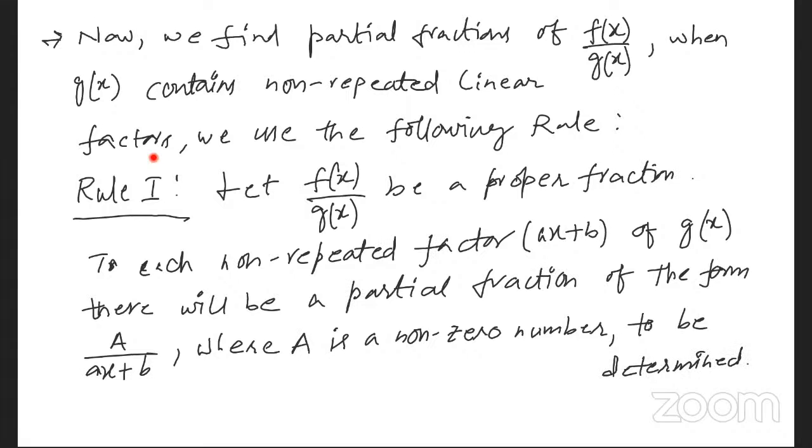So what is the rule? Let f of x by g of x be a proper fraction, and to each non-repeated factor ax plus b of g of x, there will be a partial fraction of the form A by ax plus b, where A is a non-zero number which has to be determined. We'll see the form of a rational fraction and the form of the partial fraction.